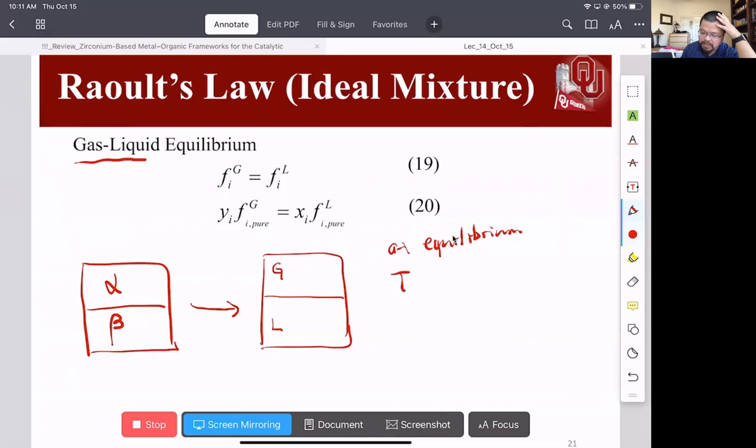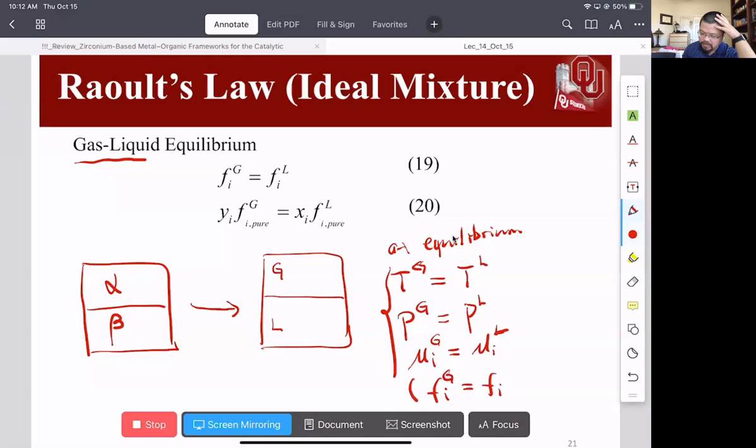Then we satisfy that the temperature of the gas will be the temperature of the liquid, the pressure of the gas shall be the same as the pressure of the liquid, the chemical potential of the gas shall be the same as the chemical potential of the liquid, or the fugacity of the gas shall be the same as the fugacity of the liquid.